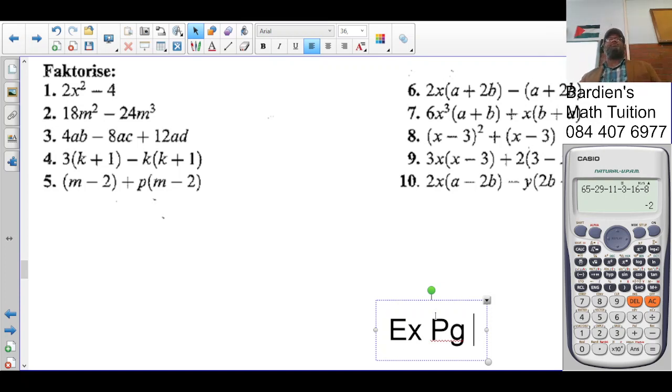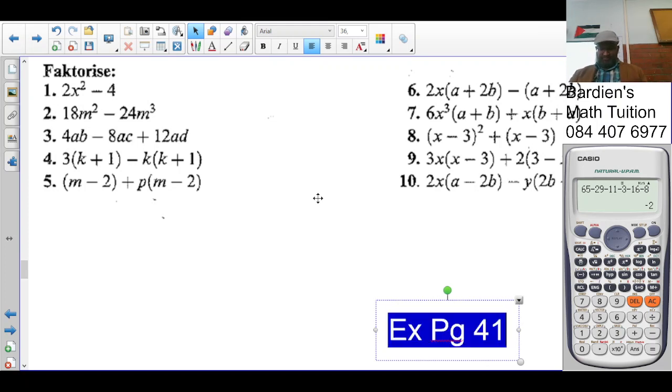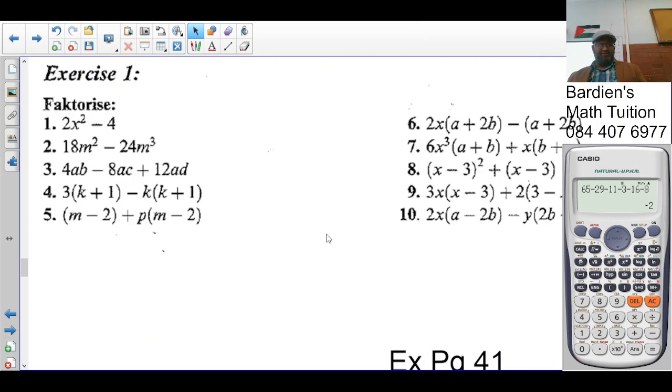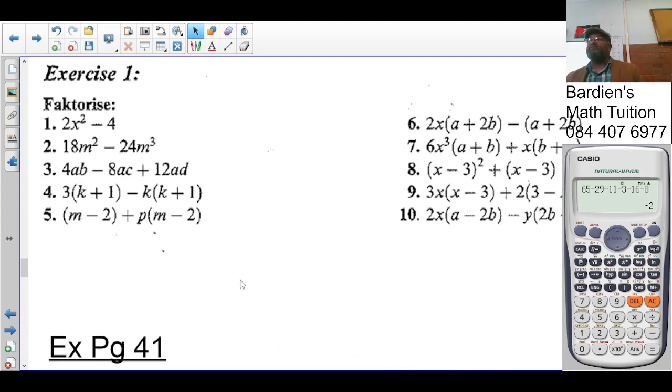This is on page? Sorry? 40. 41. Right. So I'll give you a couple of minutes to sort the sums out. Girls on that side. Why are you talking? Right, listen.